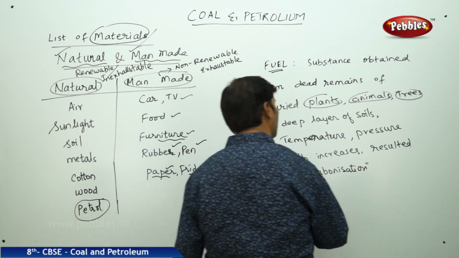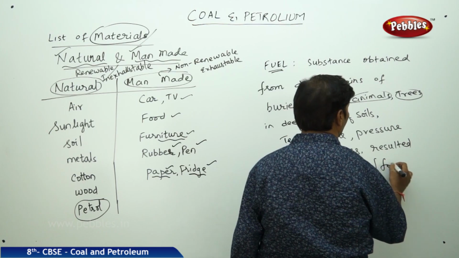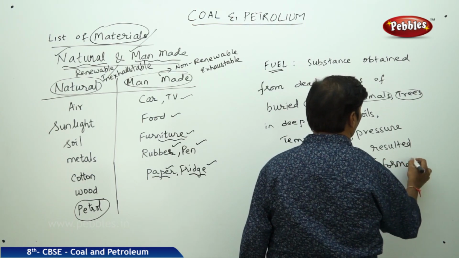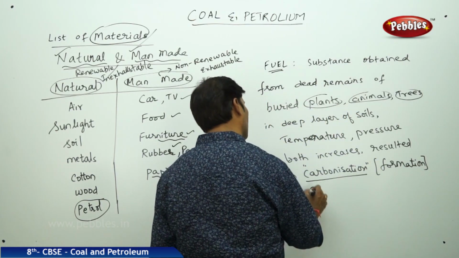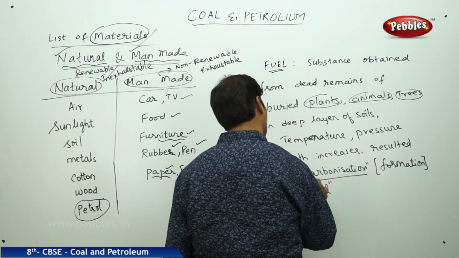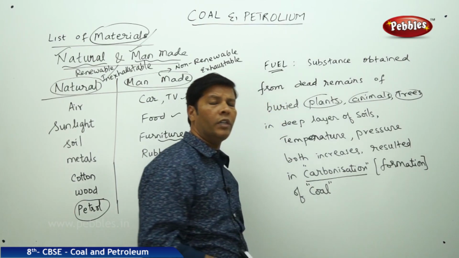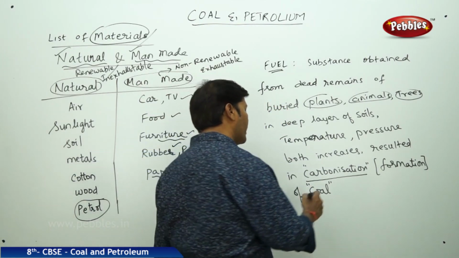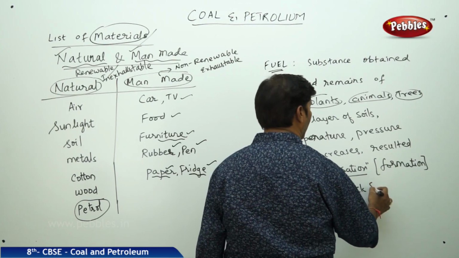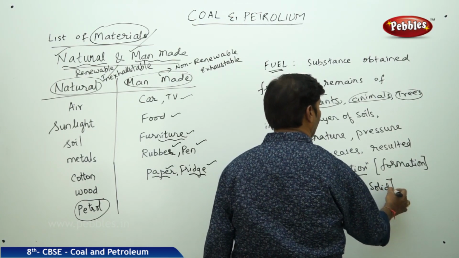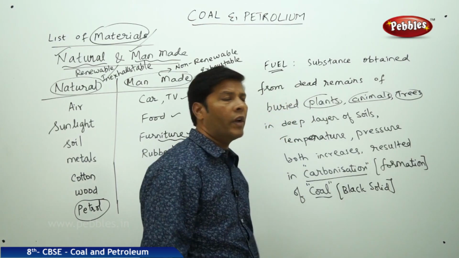This carbonization process involves formation of coal in the deep part of the earth. It's a black solid which has high calorific value.